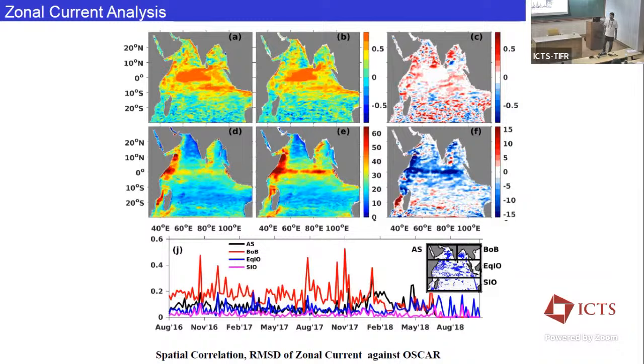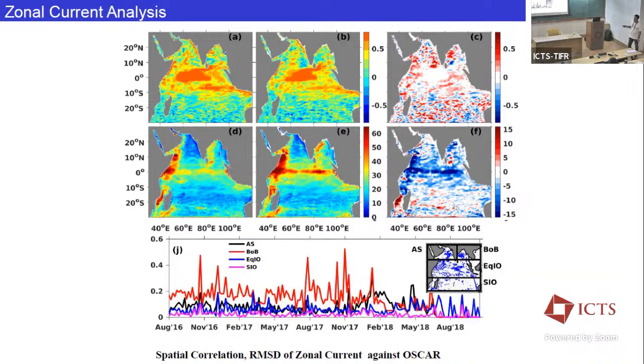Now for zonal current, this is similar. This is the correlation from our assimilation system. This is the correlation from the non-assimilated system, and this is the difference between these two correlations. Red means good, blue means bad.